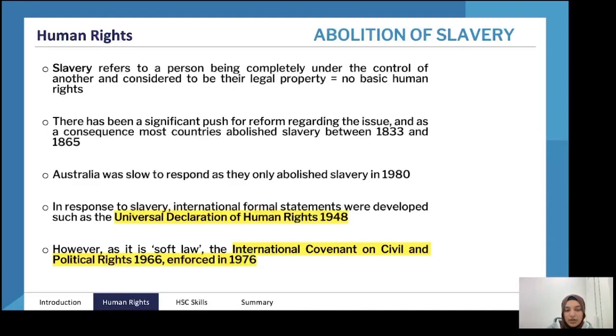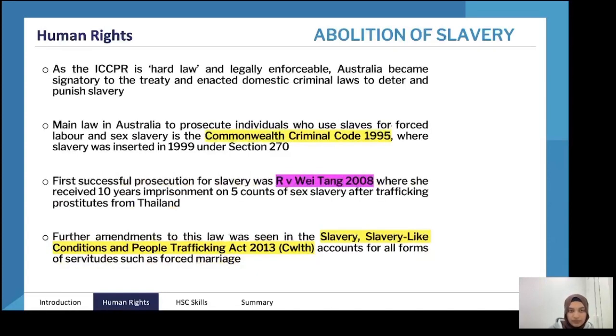However, as it is a soft law, the International Covenant on Civil and Political Rights was enforced in 1976. So this is simply known as the ICCPR. Soft law is not really as enforceable, whereas hard law is legally enforceable, just to clear that up.